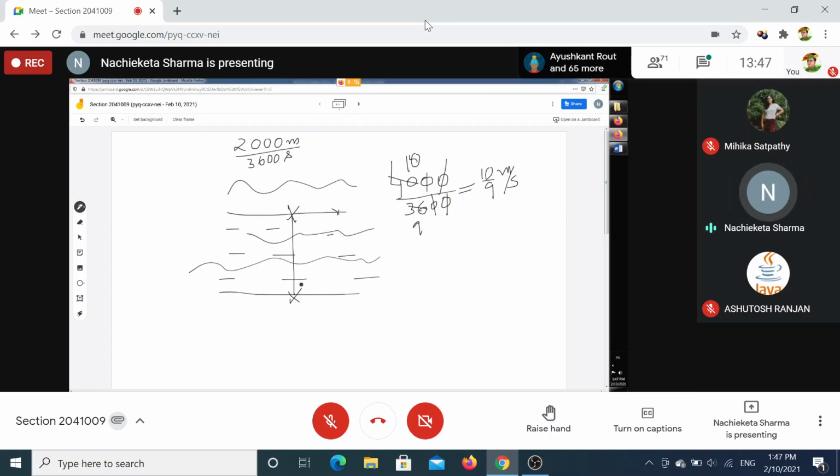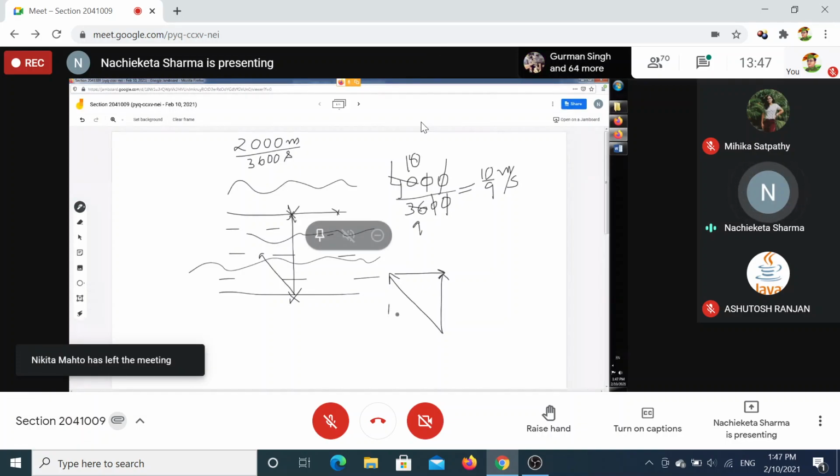So he has to swim in this direction. The water will push him gradually, and finally he will come to this point. So the vector diagram will be like this. This will be the first vector, then the water stream flow is like this, and this will be our resultant vector. So this is my 4 vector, this is my 2 vector.